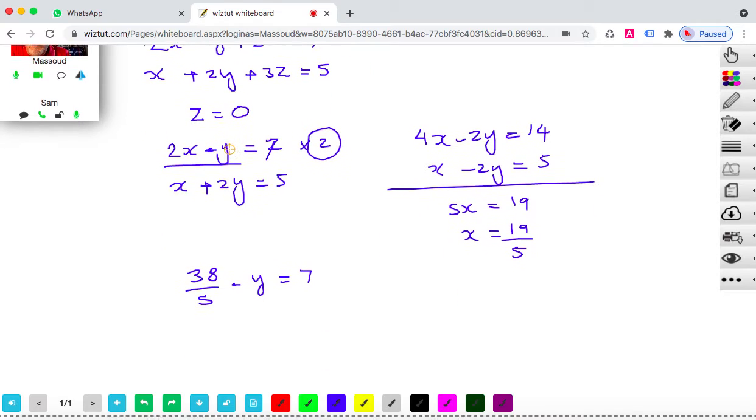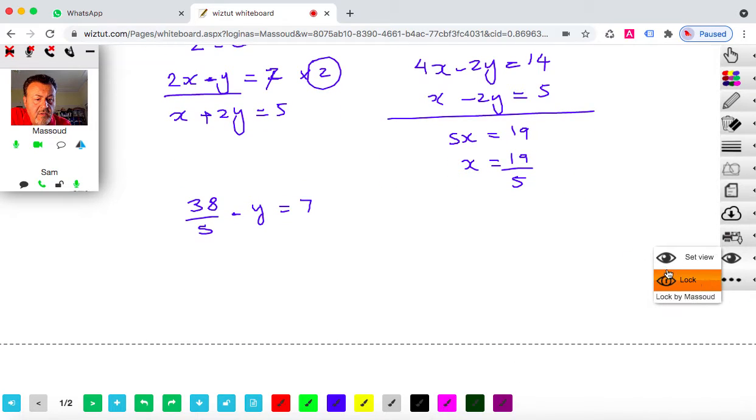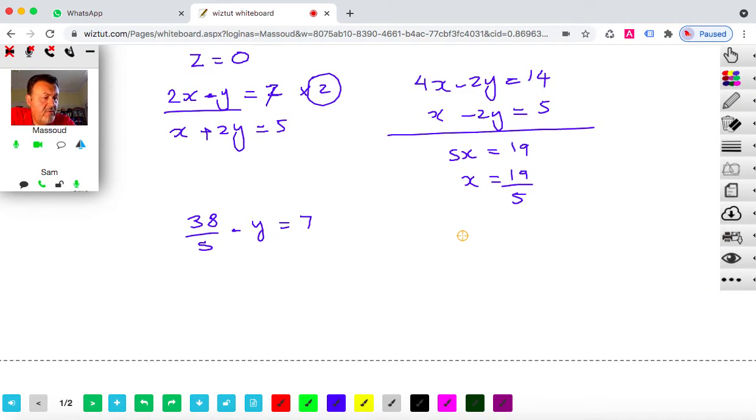So y would be equal to 38 over 5 minus 7. That's 35 over 5, so 38 minus 35, which would be 3 over 5. So that's y.